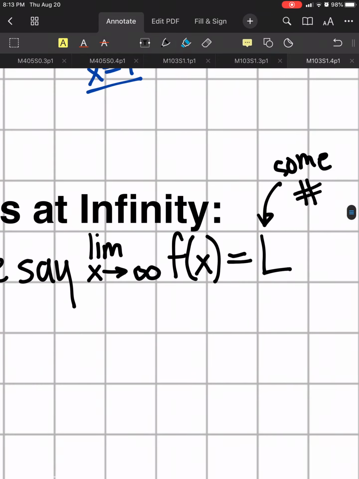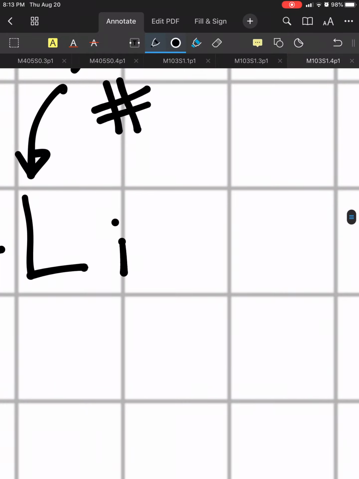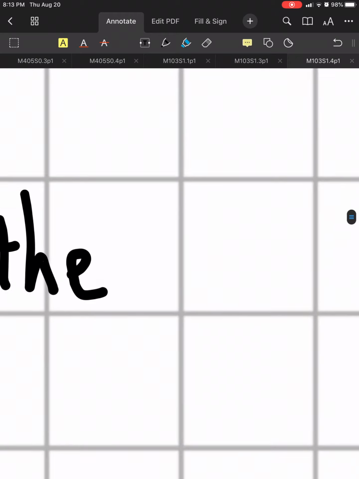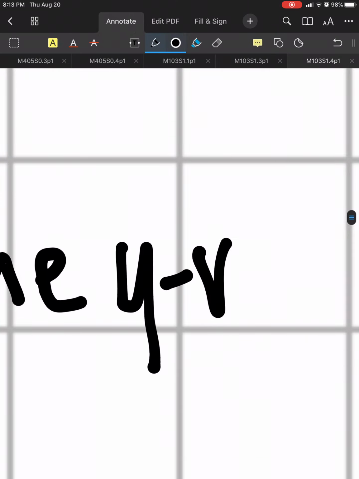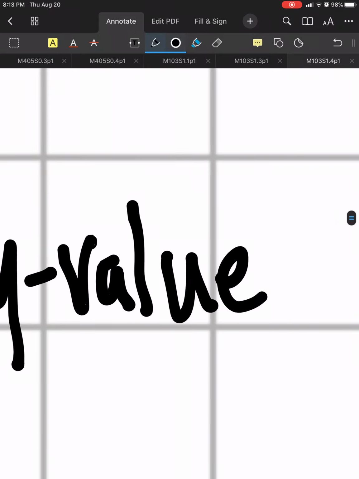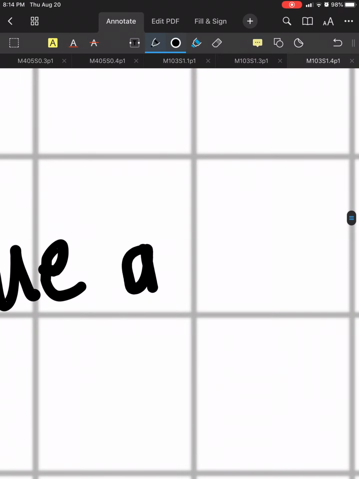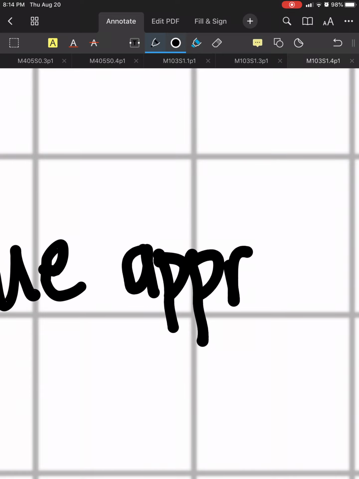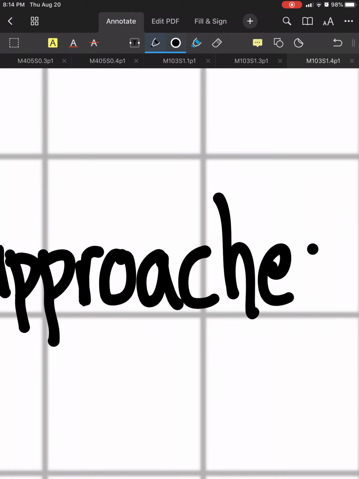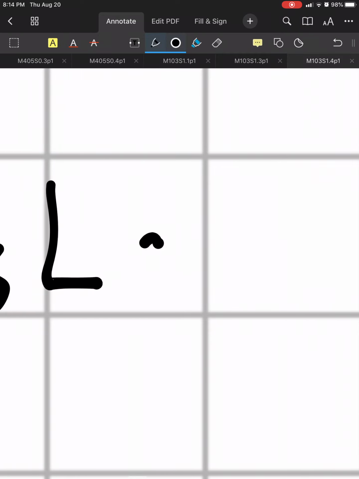Okay, so we say that the limit as x approaches infinity of f of x is L if the y value of our function, sorry about zooming in, but it is the only way I can write legibly. It's not quite as easy as on a chalkboard. If the y value approaches, in other words, gets closer to L, as x gets bigger and bigger.